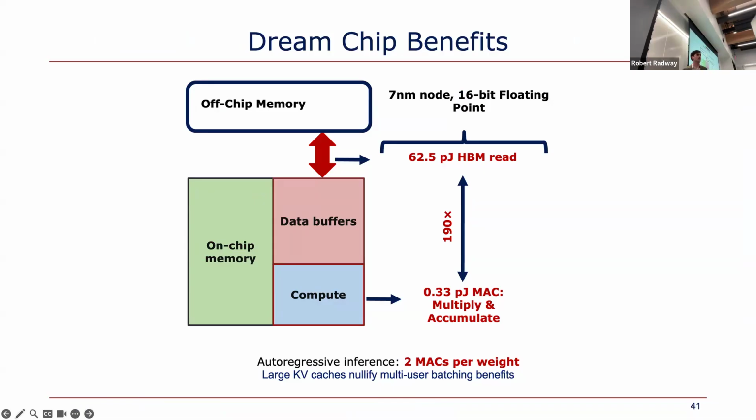So you're talking an order of 160x difference between accessing memory and doing your computation. So if you can read on-chip memory at much lower energy than that 62.5 picojoules, you have major savings in your overall energy efficiency. Problem is that we can't actually build these dream chips.